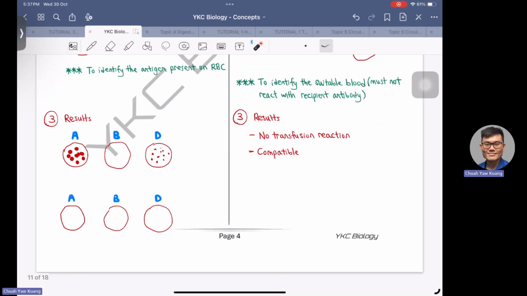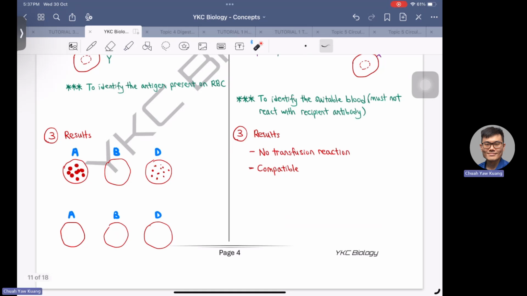Lastly, we will look at the results. For blood grouping, normally we will collect 3 drops of blood, or we can also collect 3 tubes of blood. After collecting 3 different drops of blood, we add the first drop to the anti-A antibody, the second one to the anti-B antibody, and the third one to the anti-D antibody.